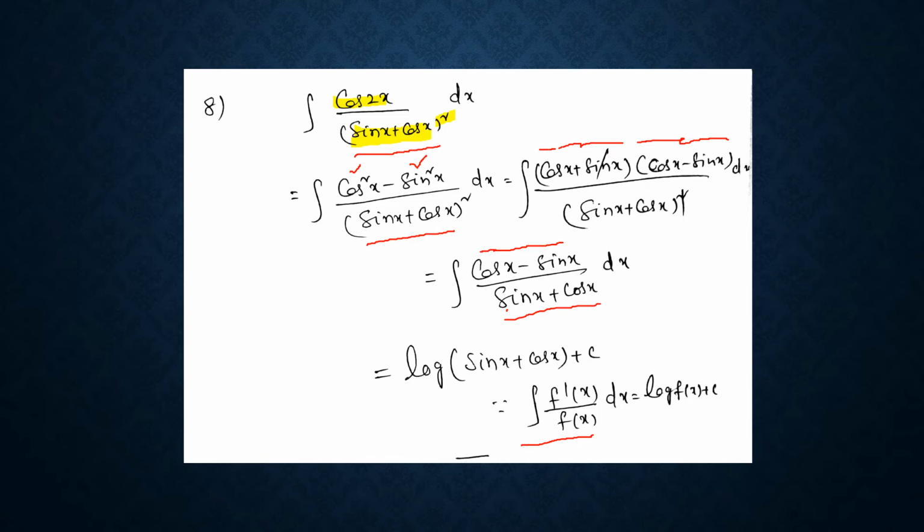So cos x minus sin x is there in the numerator. So this is in the form of integral f dash x by f of x dx, which is equal to log f of x plus c. What is f of x here? That is sin x plus cos x. So therefore log of (sin x plus cos x) plus c is the answer.